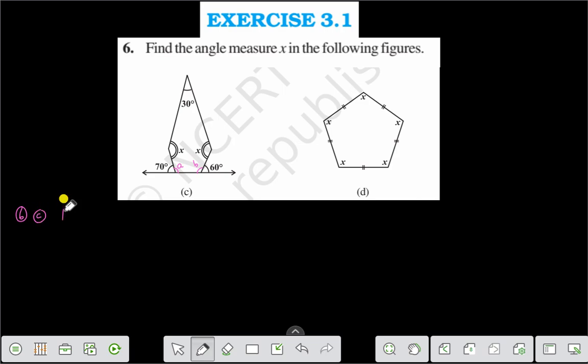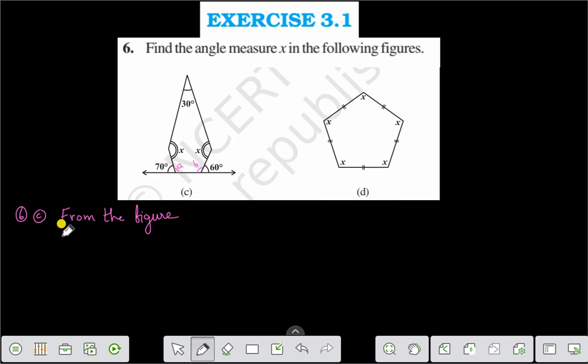From the figure you can conclude that here you see 70 plus A. This is a linear pair.